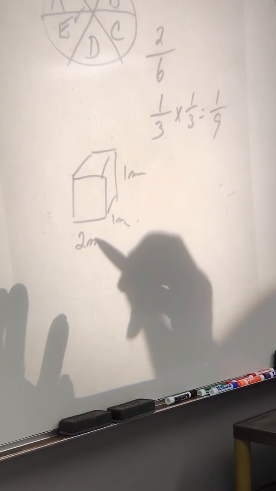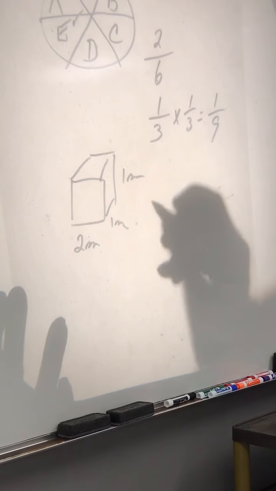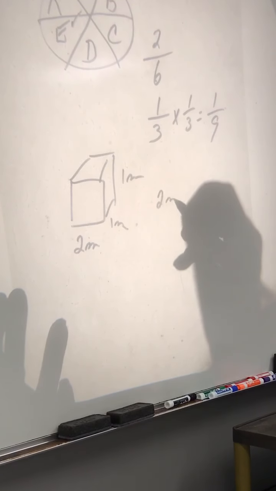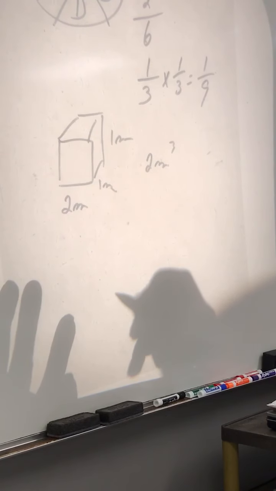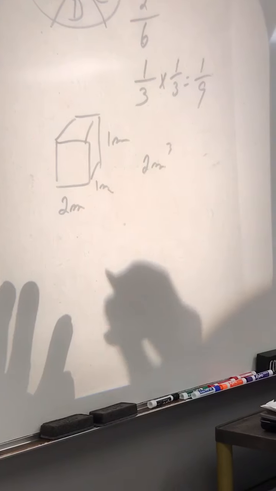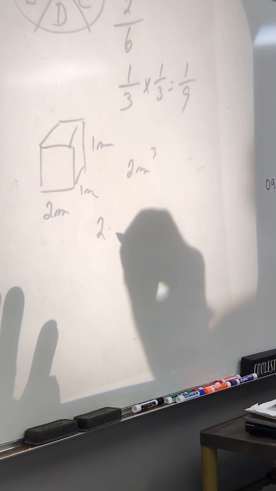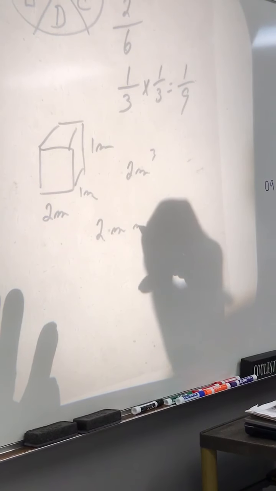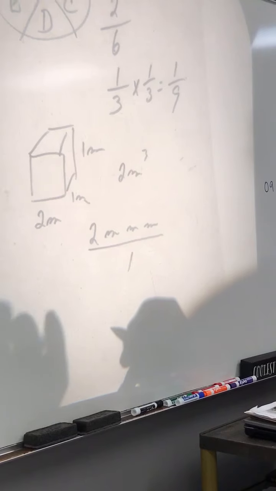Now, the volume in meters would be 2 meters times 1 meter times 1 meter, which would be 2 cubic meters. Now we want to change that to cubic centimeters, and we're going to use our unit multipliers. Now the 2 is going to stay 2, but I'm going to have meters, meters, meters over 1.